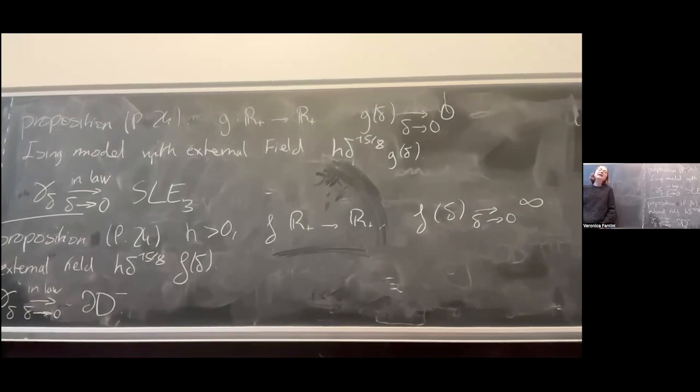It could also be the case that in the continuum, your critical magnetization field can be coupled with an SLE3 in the same way as the GFF is coupled with an SLE4, and in that case you could extract the law of the curve. You could extract it in the continuum if you had a coupling in the continuum, but this coupling has not been constructed, so you can't do it that way.